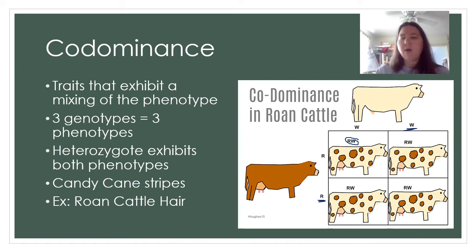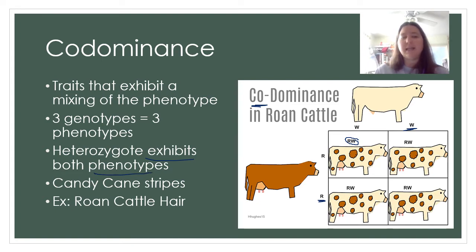So the cow is white with brown spots. That's codominant because they are both dominant together. Neither one wins over the other. So it exhibits both of those phenotypes.